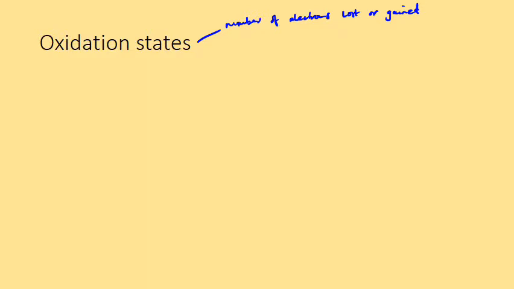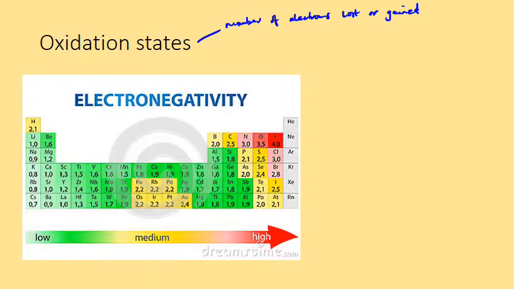Okay, when we're working out oxidation states, it's very useful to keep in mind the concept of electronegativity. Because of that, I've got this chart off the internet for you, and it looks like a periodic table. The elements are arranged as they are in the periodic table, but the numbers here are Pauling's scale of electronegativity.